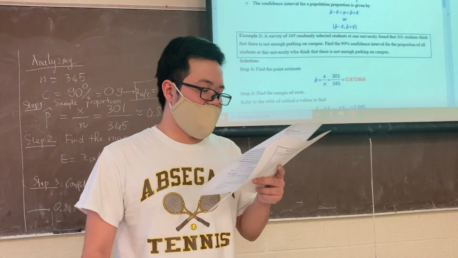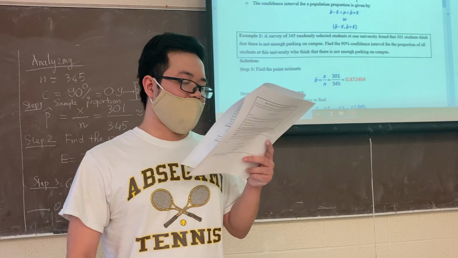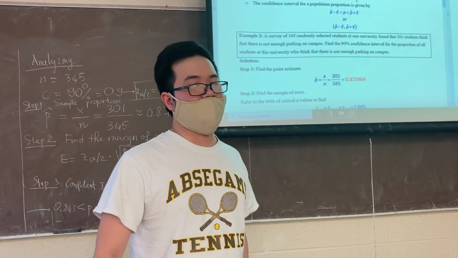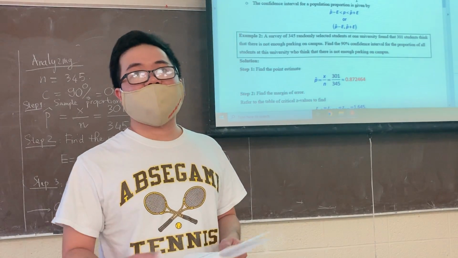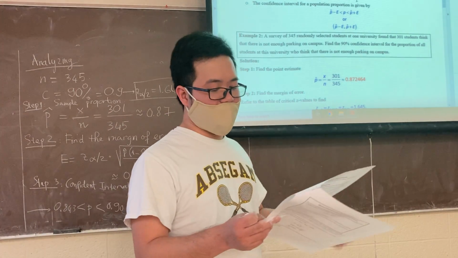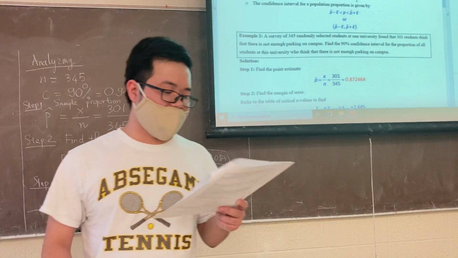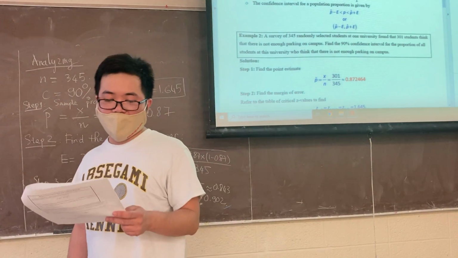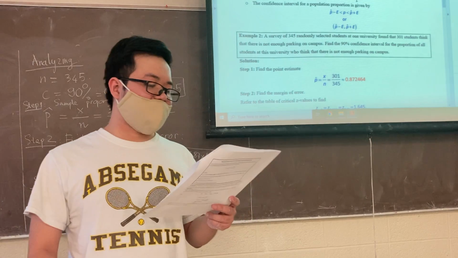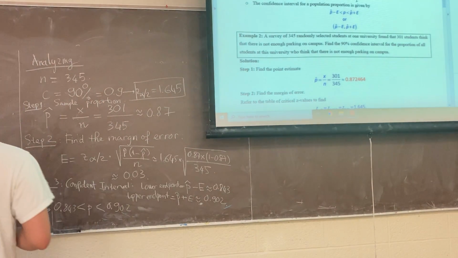Find the 90% confidence level interval for the proportion of all students at this university who think that there is not enough parking on campus. You can use the same way to find this. That is not your homework. This is the exercise for you to practice. Okay, try to do it. Any questions?